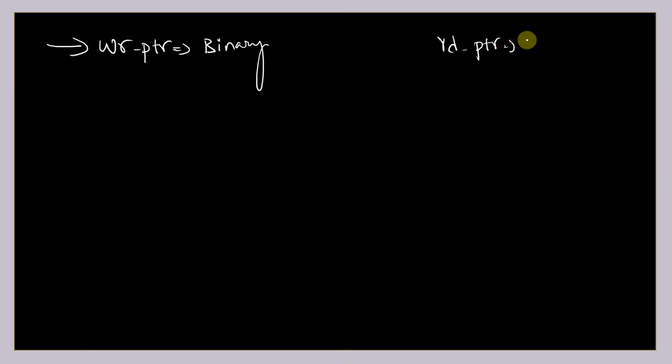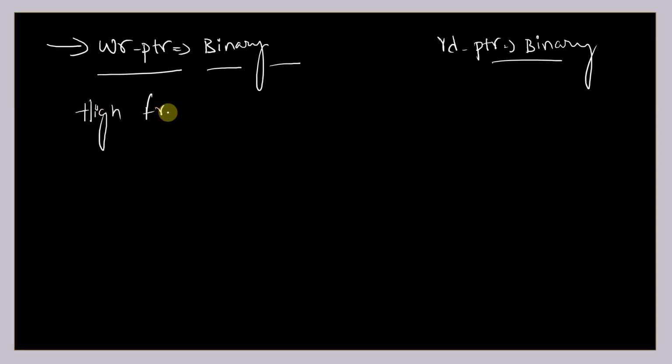So let's say here our write pointer is in binary format and read pointer is also present in binary format. Let's assume these two are present in binary format. Now, what is going to happen if these two are present in binary format? Let us try to understand. This write pointer is being implemented in the high frequency domain, and this is being implemented in the low frequency domain.